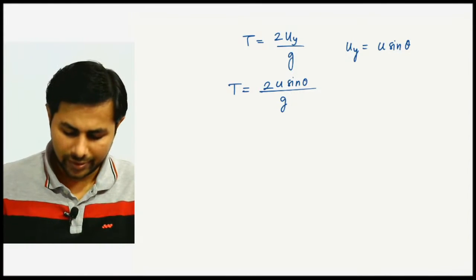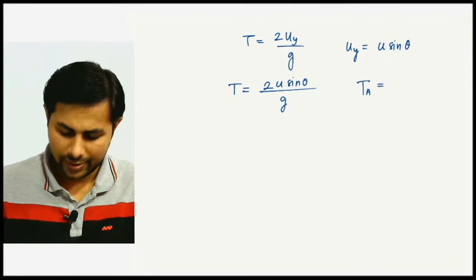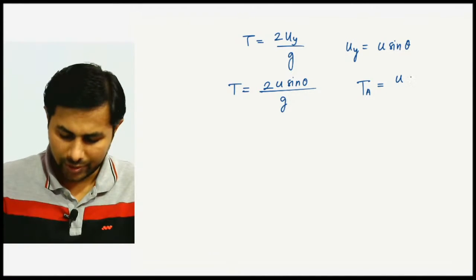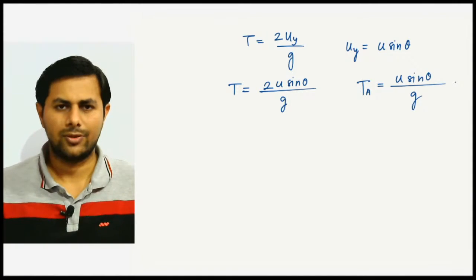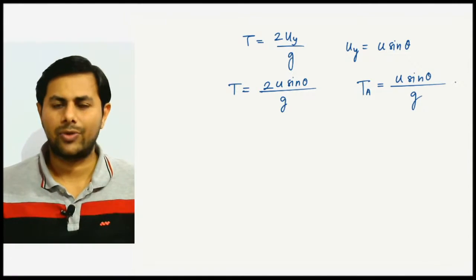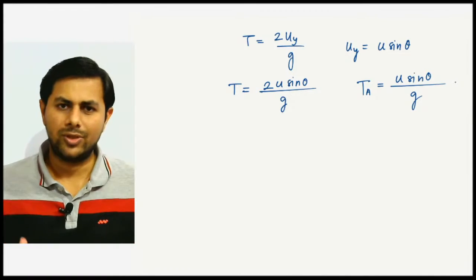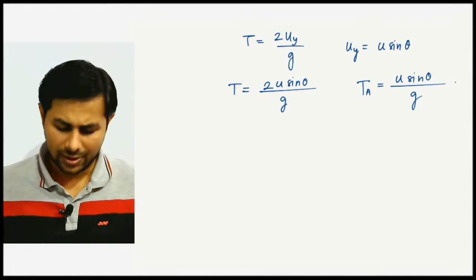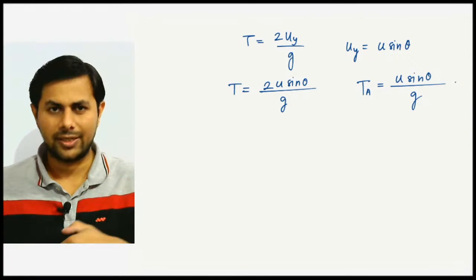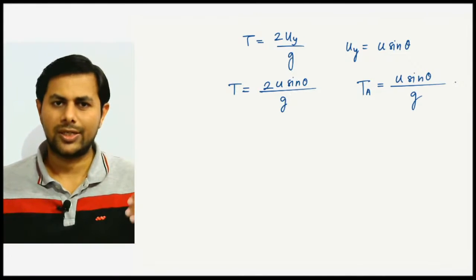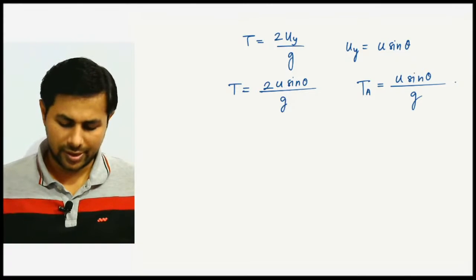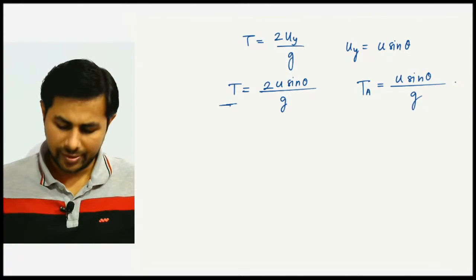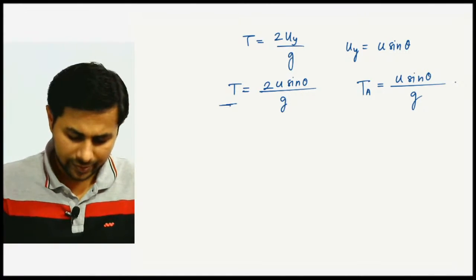And if we recall, the time of ascent was u sine theta divided by g. Total time of flight for this projectile is 2 times u sine theta divided by g. So that means the time of descent, the time for which the projectile moves downwards, is equal to the time of flight minus the time of ascent.